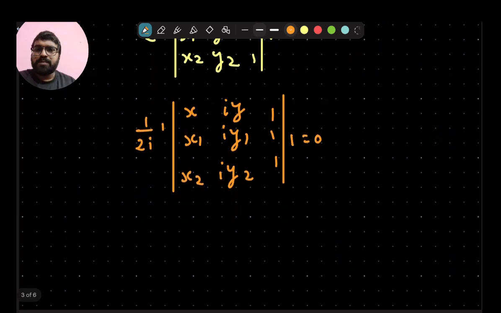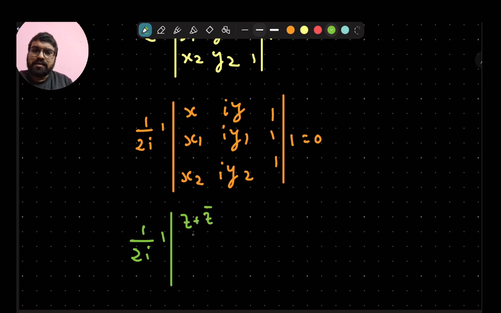Now the next step is pretty simple. I can write x as (z plus z bar) by 2, and this is (z1 plus z1 bar) by 2.